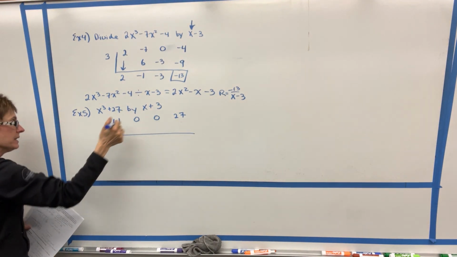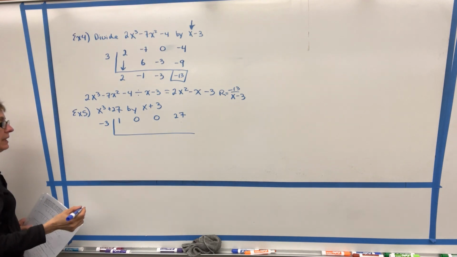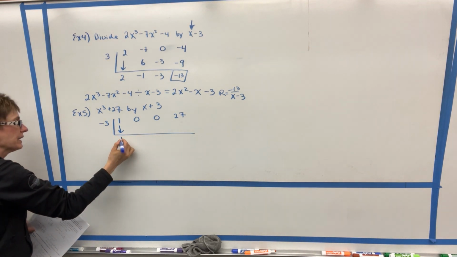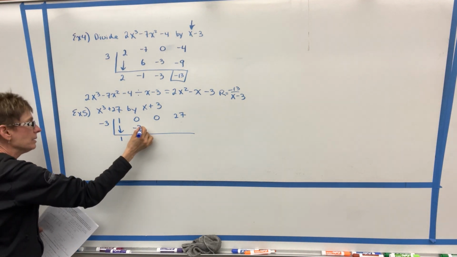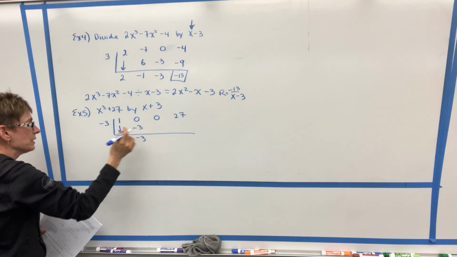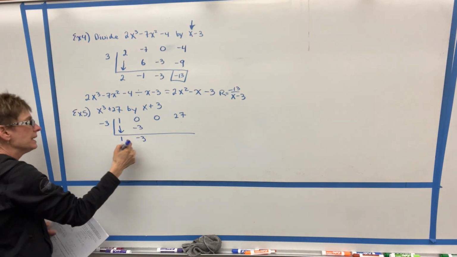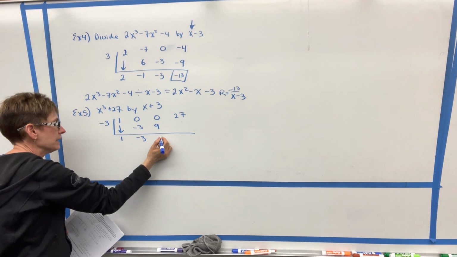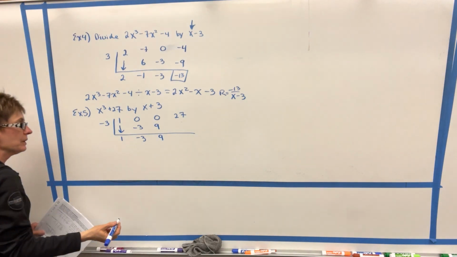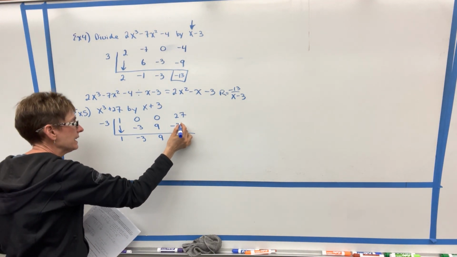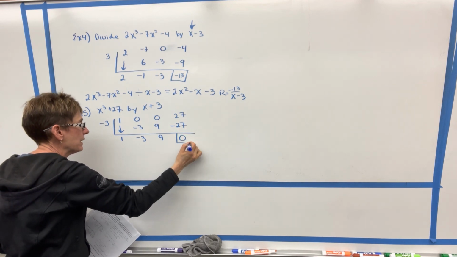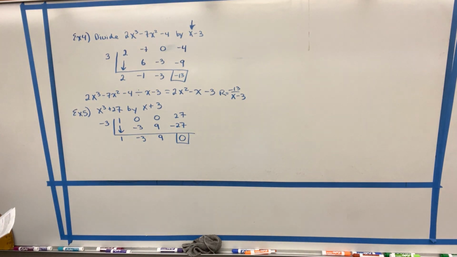Because this is positive 3, I'm going to put a negative 3 here. I bring down my 1. This becomes negative 3. I add 0 and negative 3 there. Negative 3 times negative 3 is positive 9. 9 plus 0 is 9. 9 times negative 3 is negative 27, and my remainder here is 0.